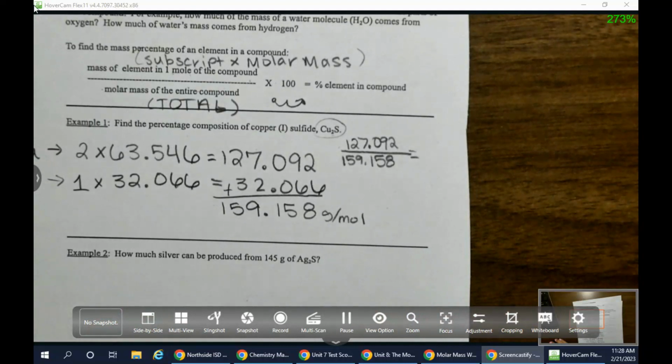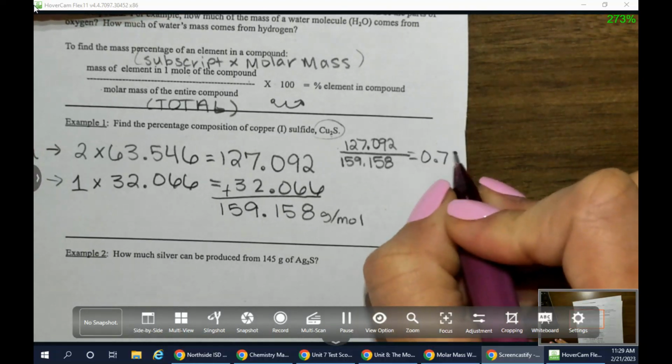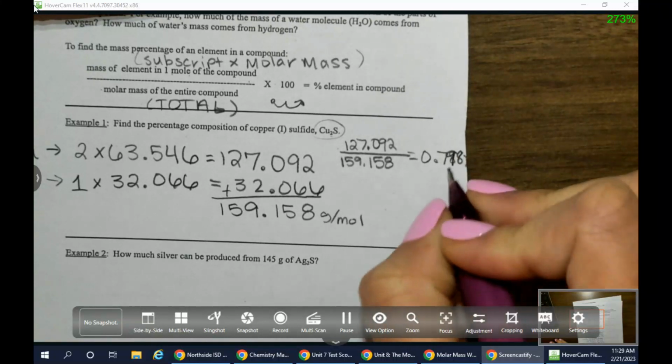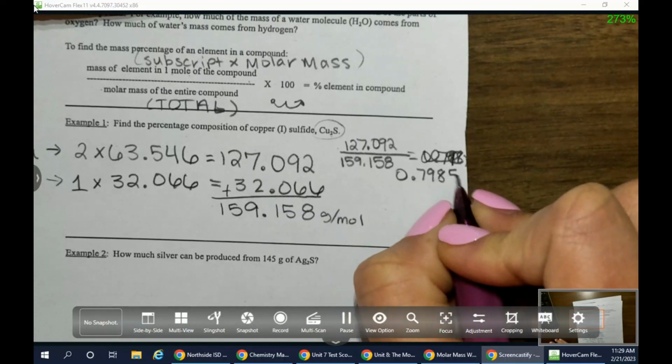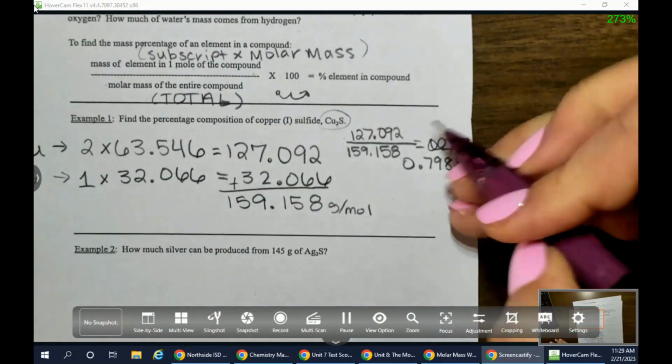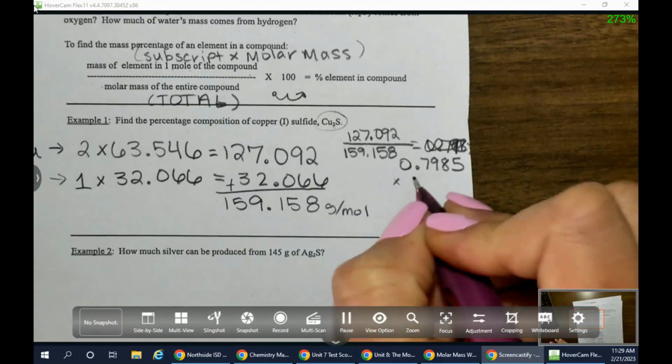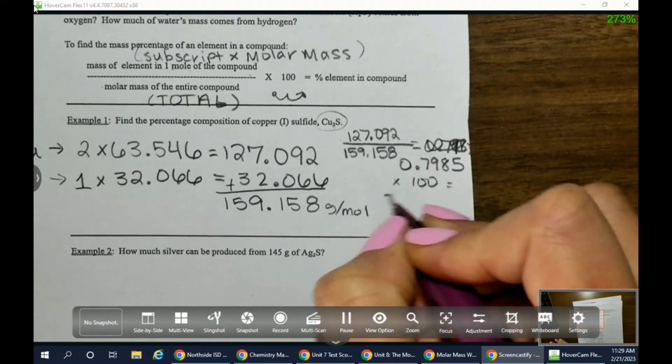Again, it should be less than the number 1. So 127.092 divided by that, and I get 0.7985. Let me write it on a new line. 0.7985. Okay? So at this point, I'm going to multiply that by 100.